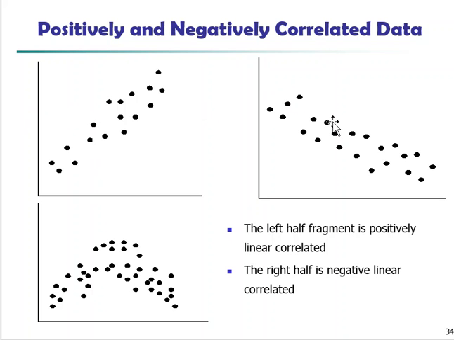In this case, we have negatively correlated, linearly correlated data variables. Whatever the x-axis and y-axis variables are, the pattern that we see here is that the greater the x-axis variable, the smaller the y-axis variable.